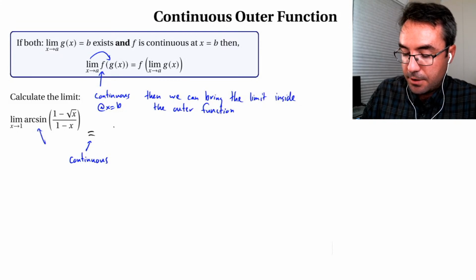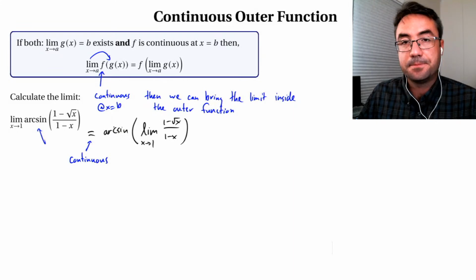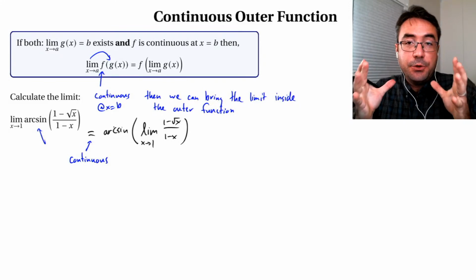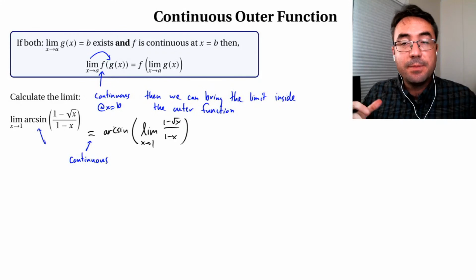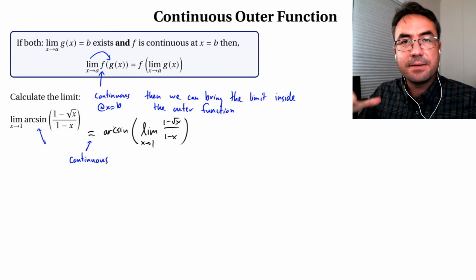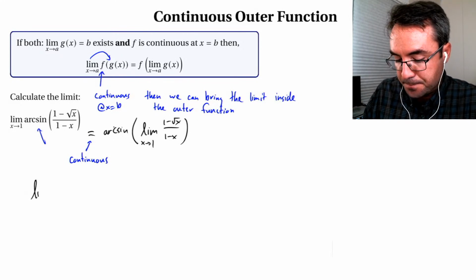So we'll have arc sine of the limit of (1 minus square root x) over (1 minus x) as x approaches 1. And so now what we need to do is just figure out what the limit of that inner function is. And let's do that below. We'll do this separately.